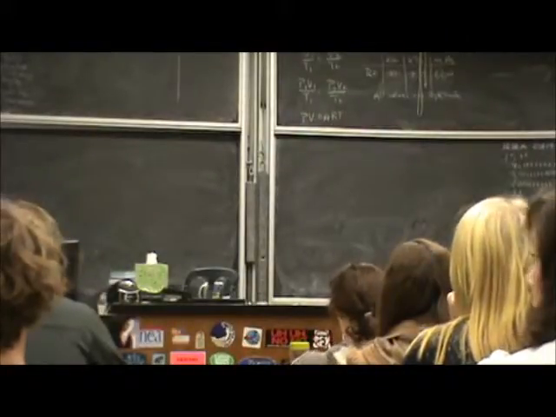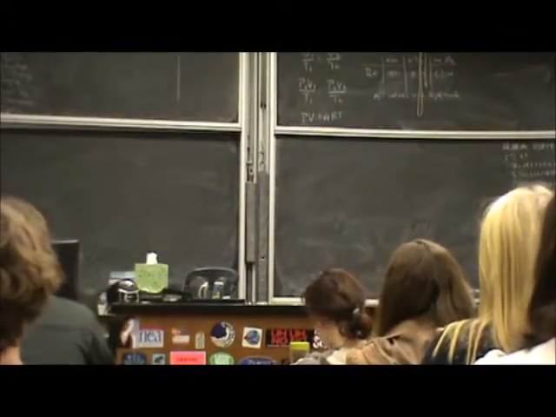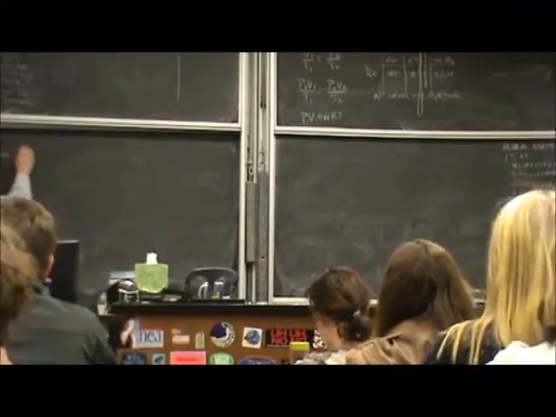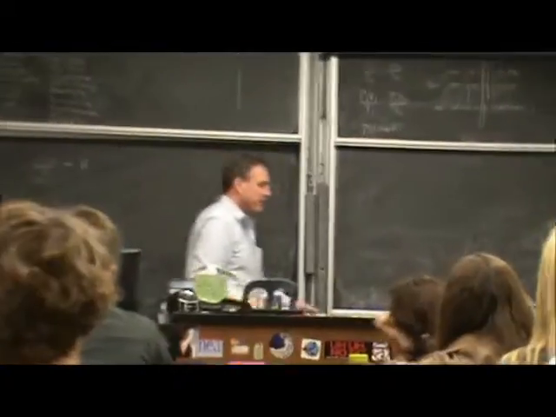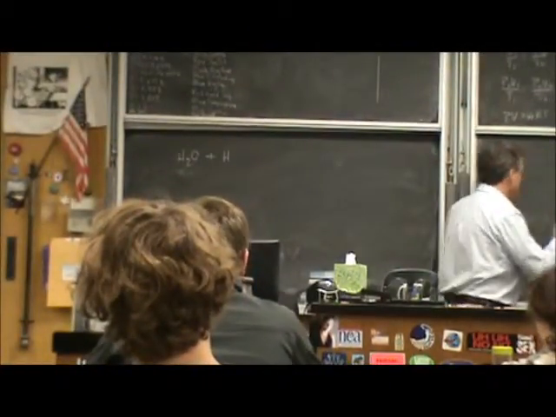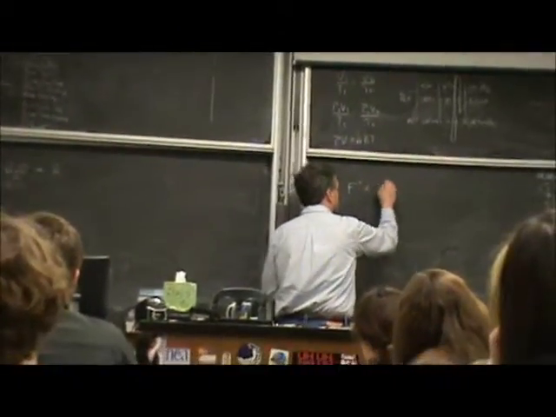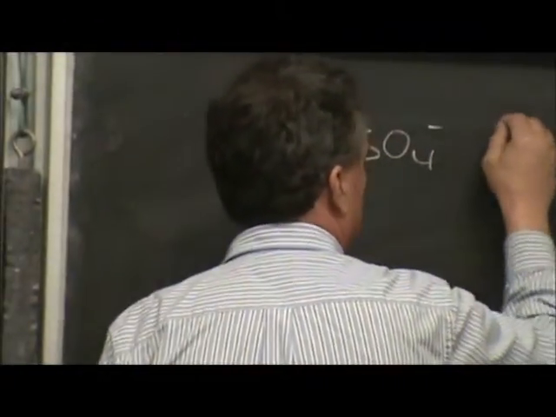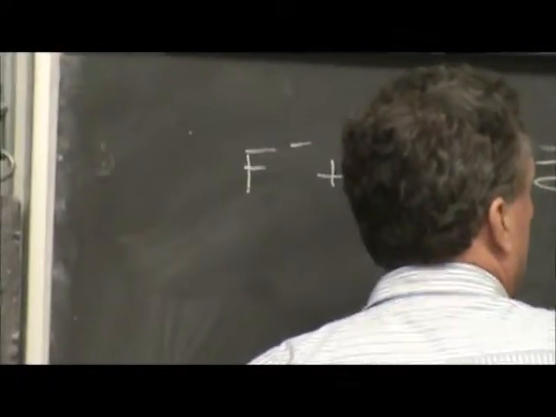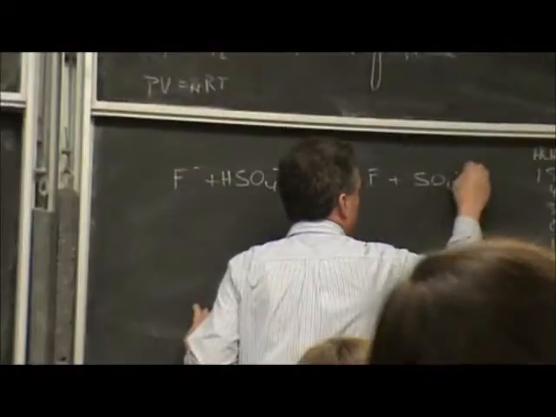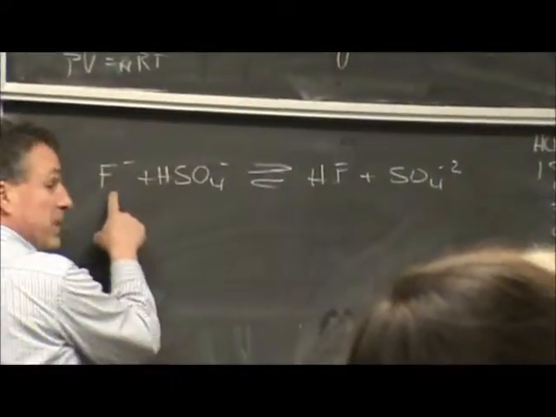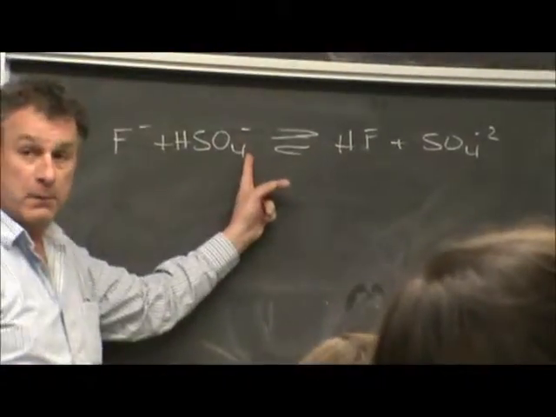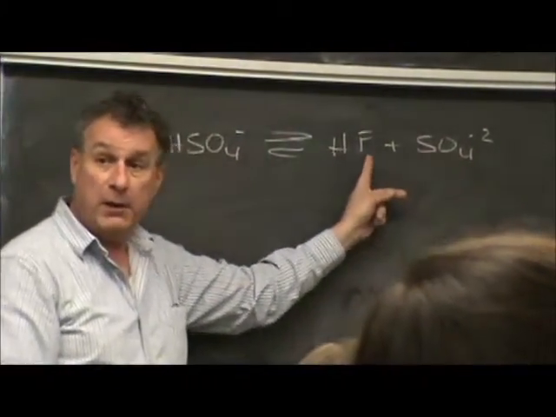Last time we were talking about a very important reaction in acid-base chemistry, the fact that two water molecules... Just remembered a point I wanted to make. Do we need an aqueous symbol here?